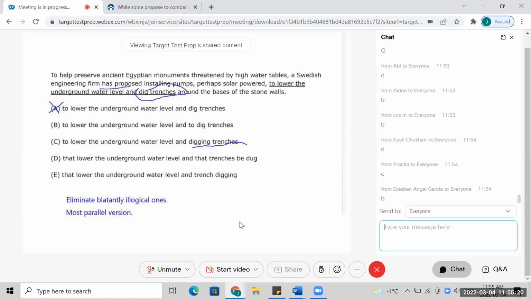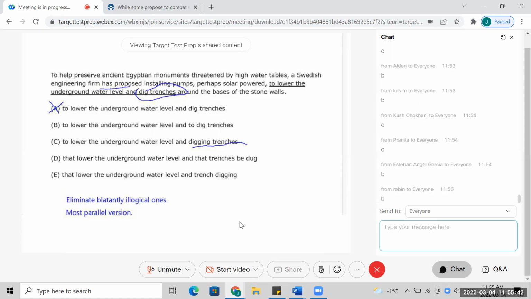Let's check D. Get rid of another easy out. So we're keeping B and C for now, the infamous last two choices, I hope they are. Has proposed installing pumps that lower the underground water level and that trenches be dug. So that seems to work too.